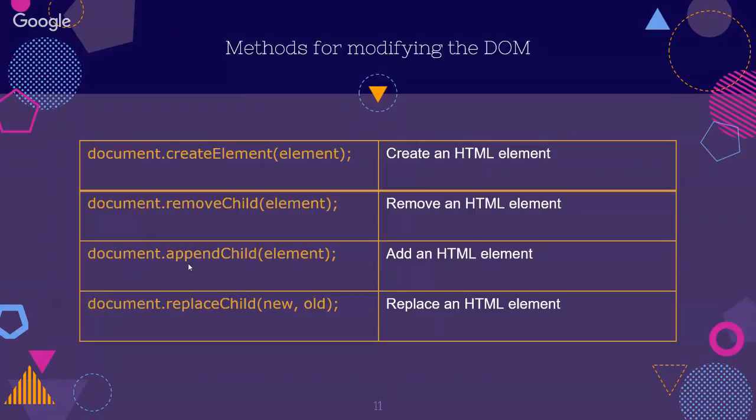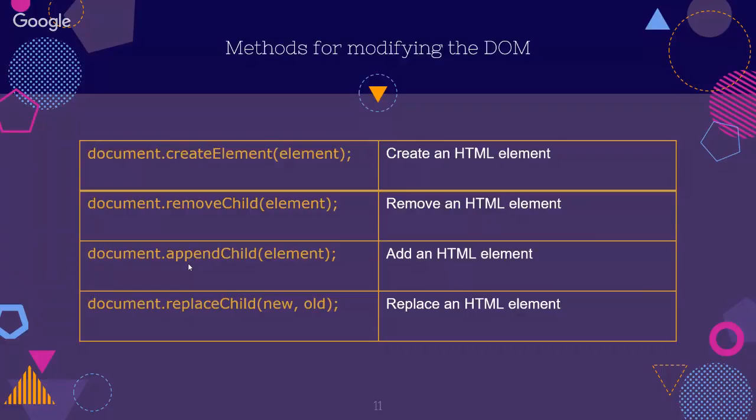In the parentheses of this method, we specify which element exactly we want to remove. So we must have a reference to it stored in a variable beforehand. That's really important to remember.